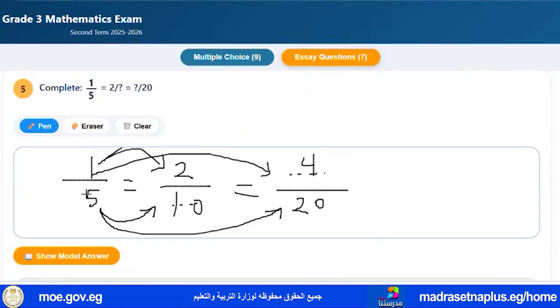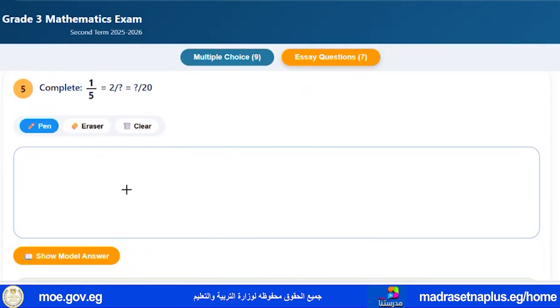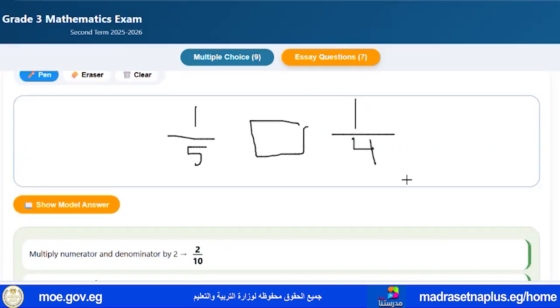Now let's use this area to get some example about fraction. Let's compare between some fractions. When I asked you to compare between 1/5 and 1/4, compare means what? Which one is bigger? Which one is smaller?